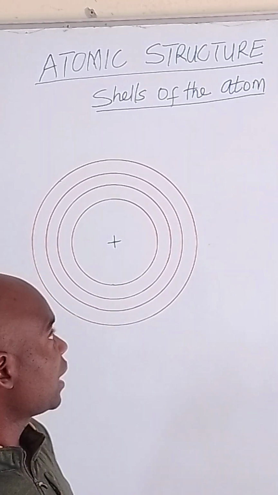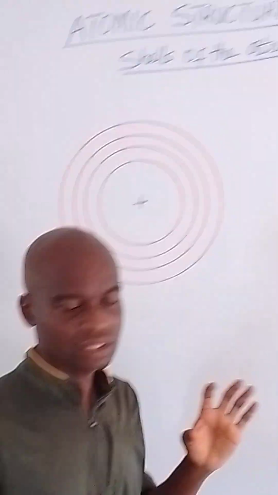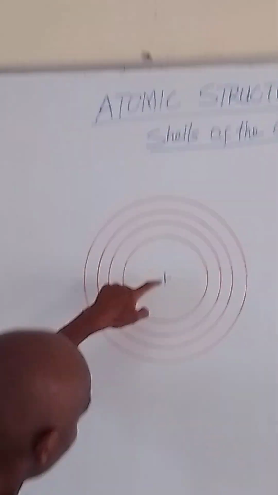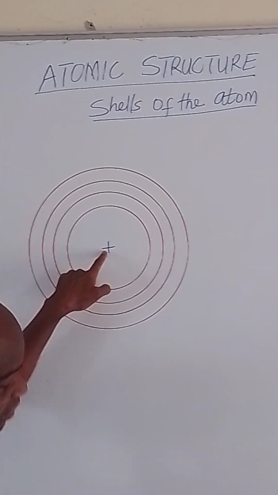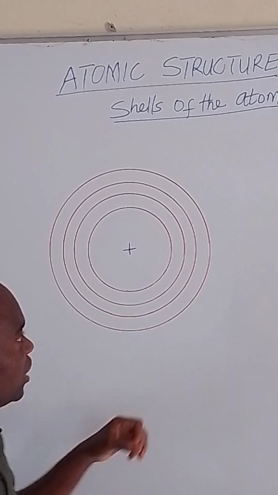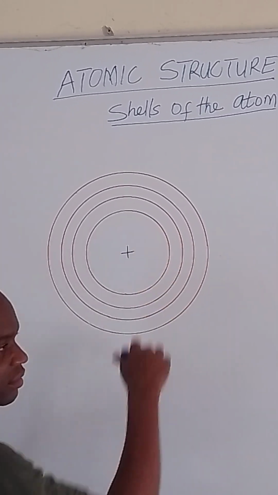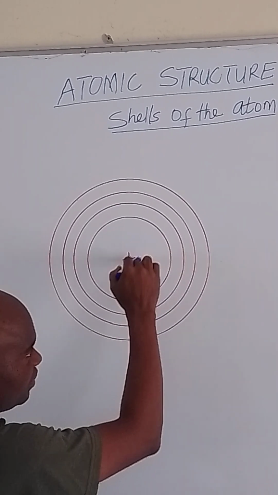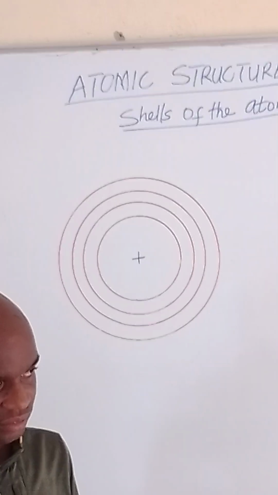An atom has two parts: the nucleus, which is the center, and then the shells.